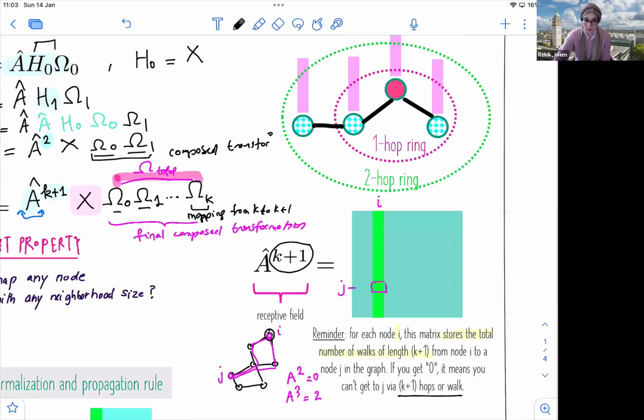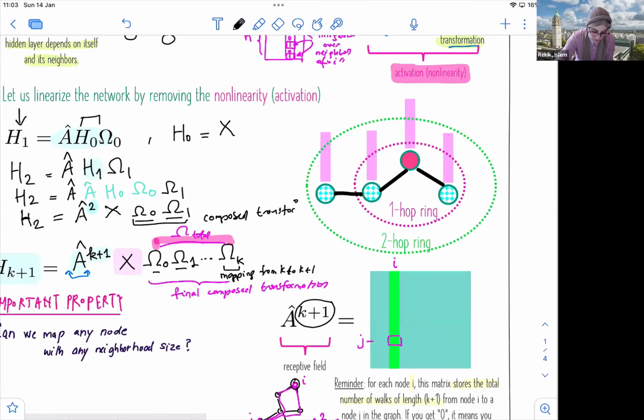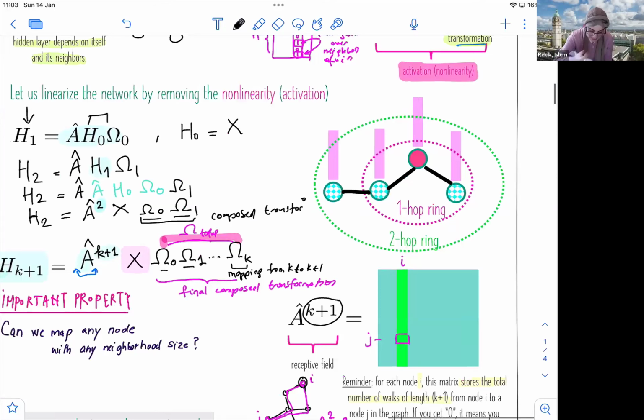from the original node. This is a very important observation, because if we take H1, the first layer of the network, we are exploring the first ring of neighborhoods, the one-hop ring neighborhood.